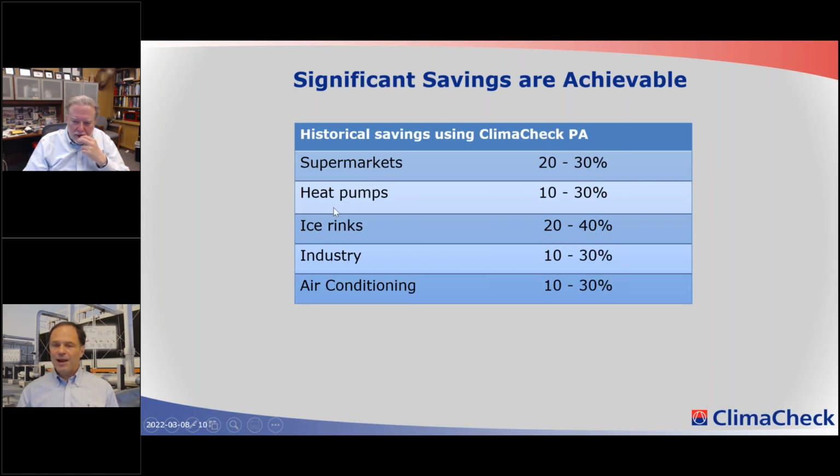This is not by replacing the system, but by making the system you have work better. A lot of it is very low-cost measures. Sometimes, of course, a compressor has a problem, and it's much cheaper to repair it than run it to failure, which is the normal situation today.